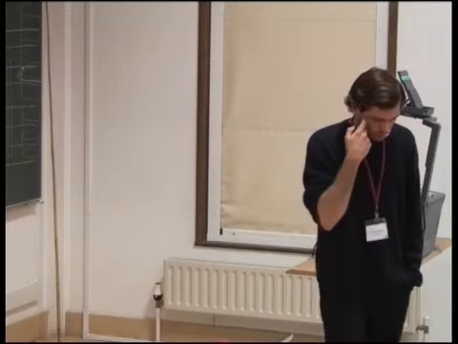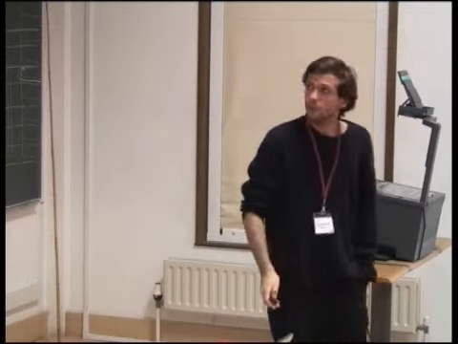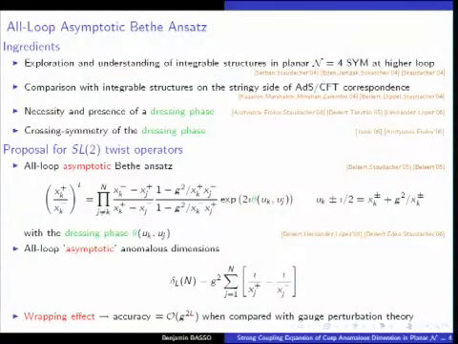And in order to compute the cusp at any loops and maybe to go to the strong coupling limit to compare with string theory, it has been necessary to have an all-loop description of the anomalous dimension.